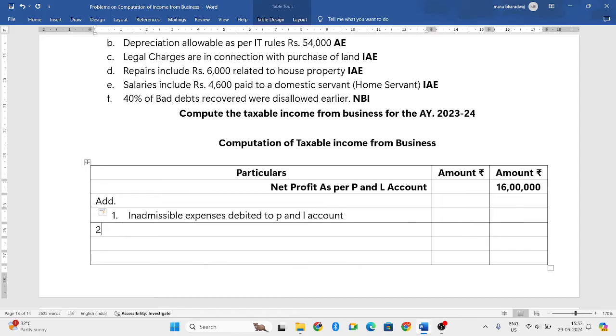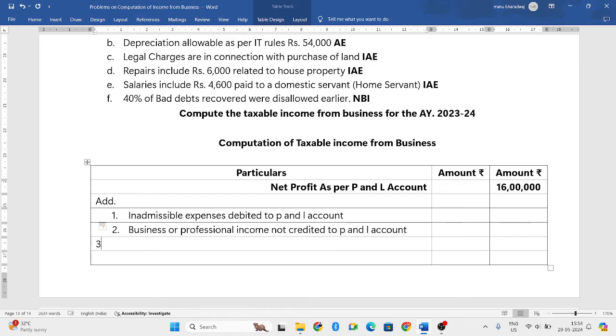Second one is business or professional income not credited to P&L account.